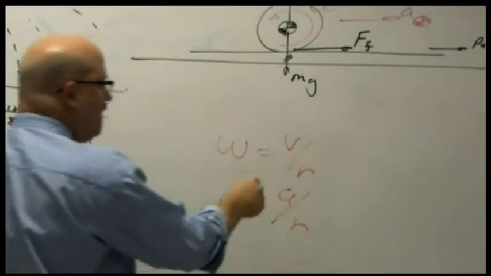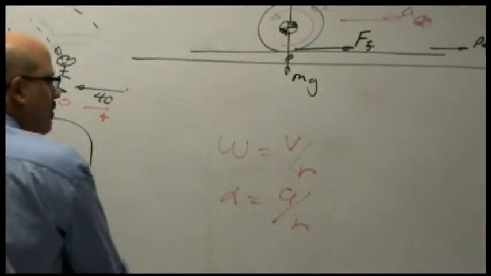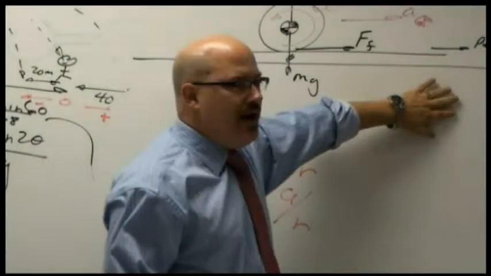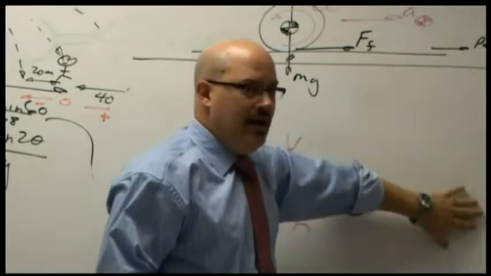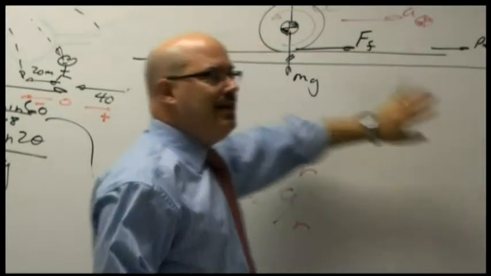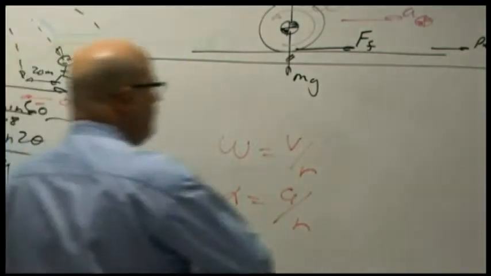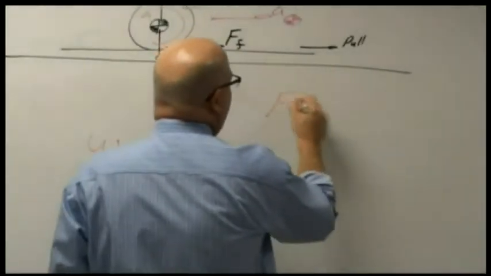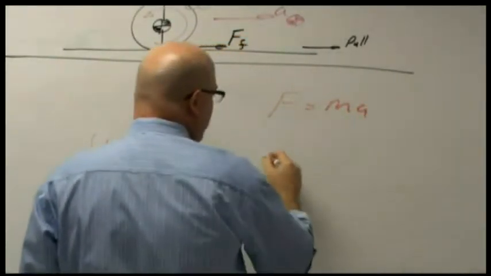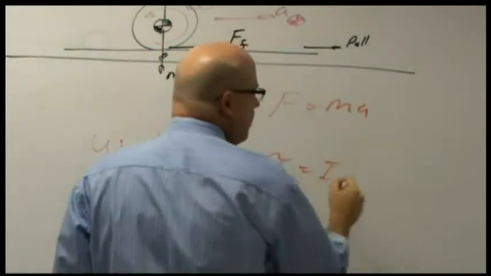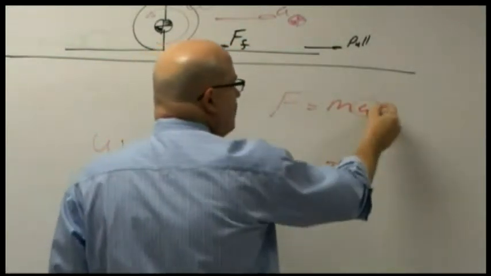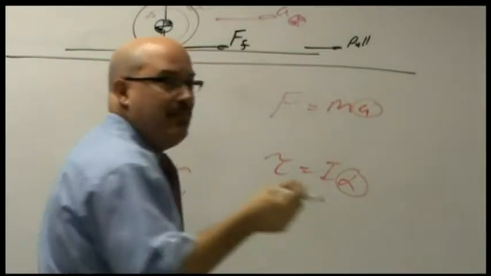That's true only when you're rolling without slipping. So you would calculate your torque equation and your force equation separately, F equals ma and torque equals I alpha. You would figure out your separate ones for when it's slipping.